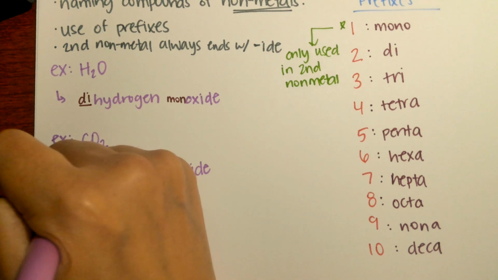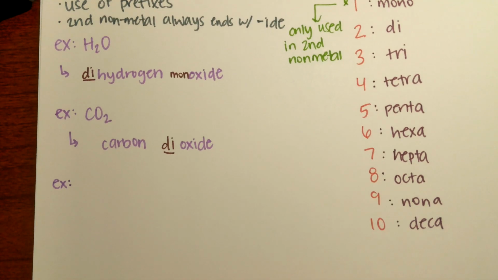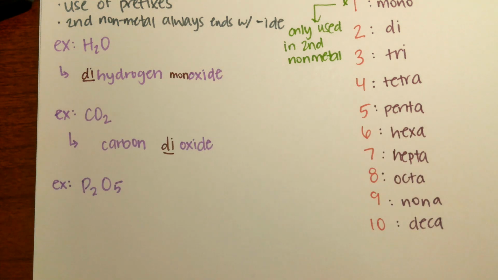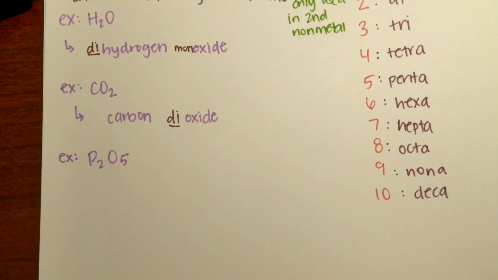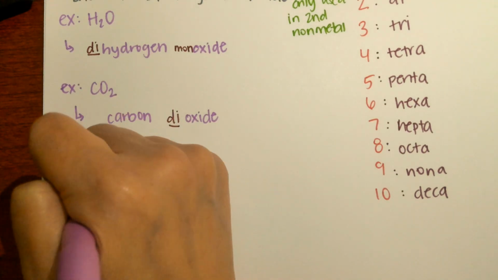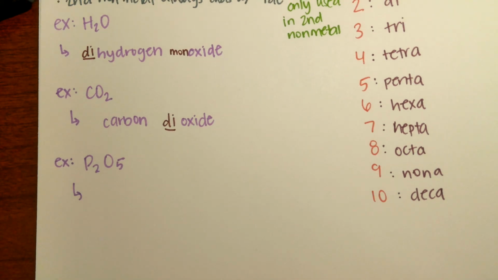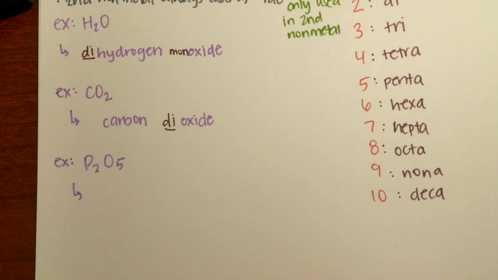Alright, let's do a more complicated one. I'm going to do a random one, P2O5. P, as we know, is phosphorus.